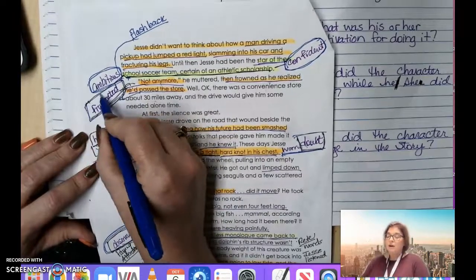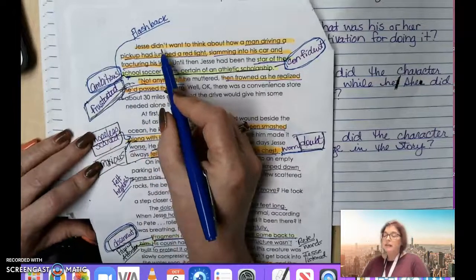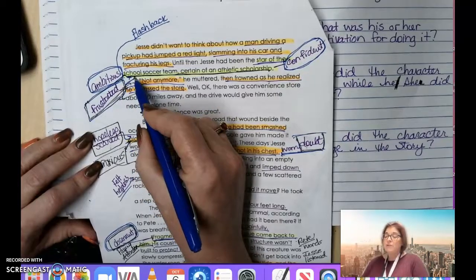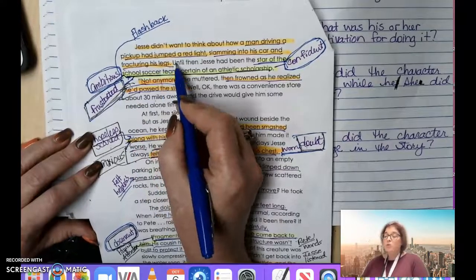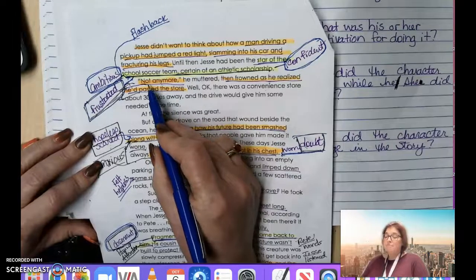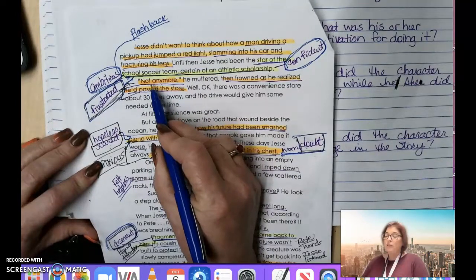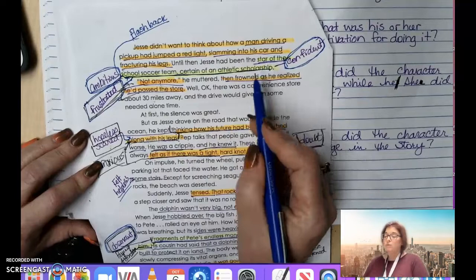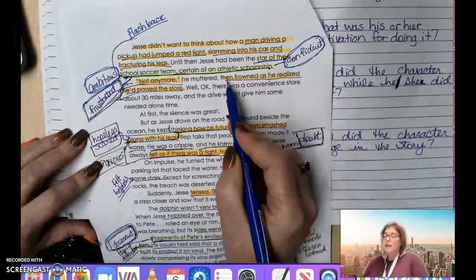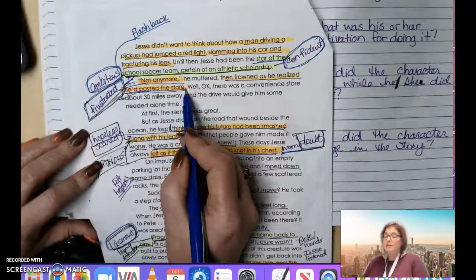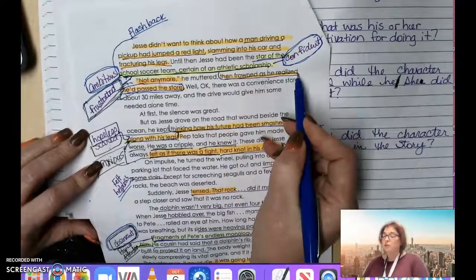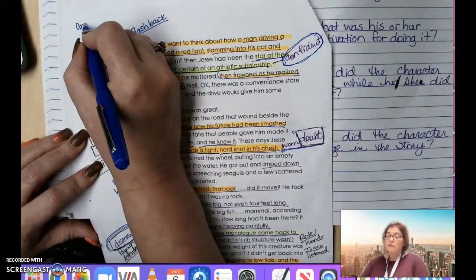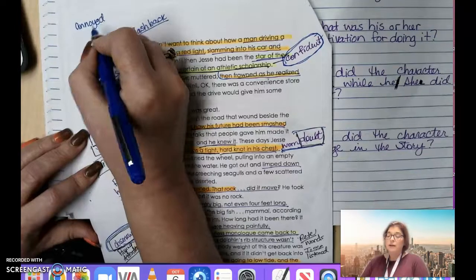And I'm thinking also frustrated, because he's thinking about this accident, and he's frustrated with the fact that he's dwelling on it. He's dwelling on the fact that he may have lost an athletic scholarship. He was the star of the school soccer team. He's so frustrated that he passes the store where he was supposed to go. So I've got annoyed as the first one, and frustrated.